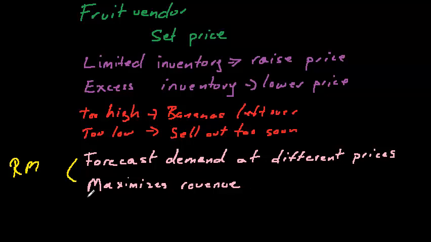This problem of setting prices to maximize revenue before your inventory spoils exists in many different industries, whether it's something obvious like fruit going bad or a seat at a theater that can't be sold once the show is over, a parking space, a hotel room, advertising on a billboard, or of course airlines.